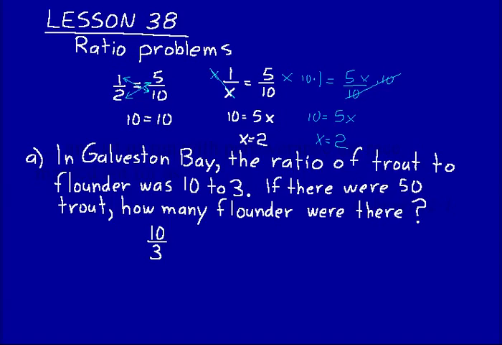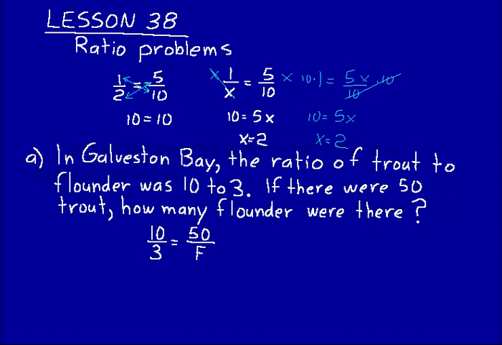So there's a proportion here. We could try to solve for this unknown amount of flounder by setting up a proportion. And so we could say is equal to 50 over what? And so we'll just say F for flounder, because we don't know how many flounder there were. That's our unknown. 10:3, that's going to be proportional to 50 over the flounder. Remember, proportions, those are just fractions that are equal to each other.